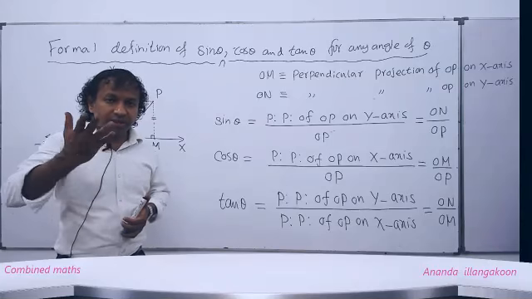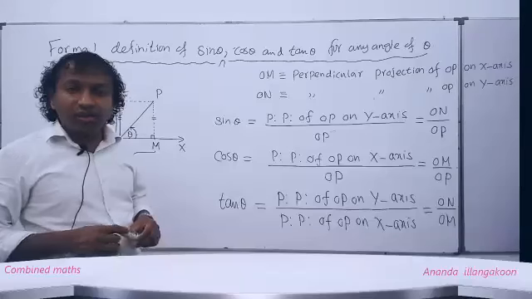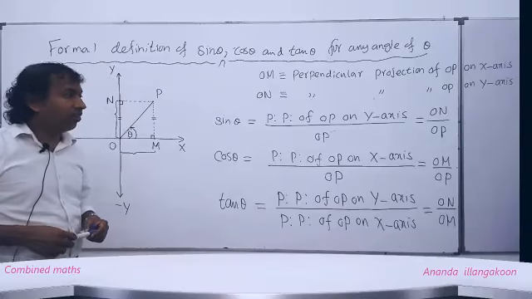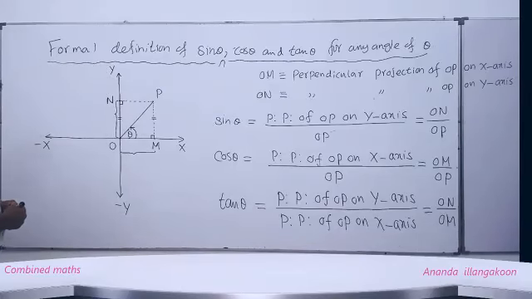What you have to do is bring this OP to the position of the angle 120 and construct the perpendiculars. Then follow the same definition: the perpendicular projection of OP on the y-axis divided by OP.